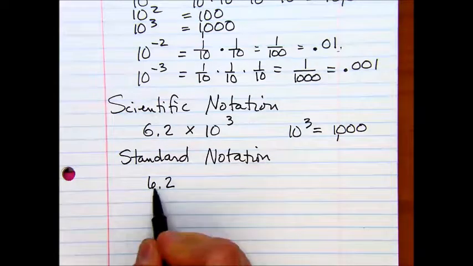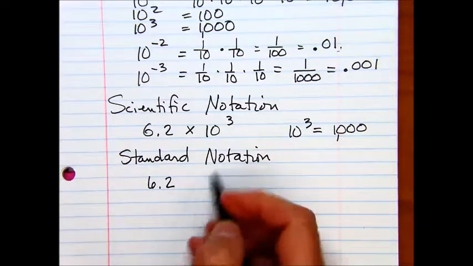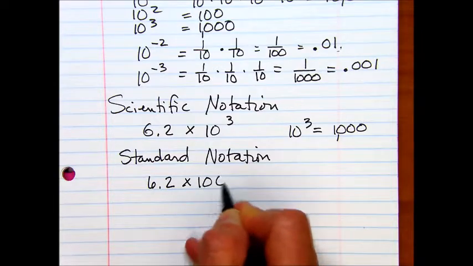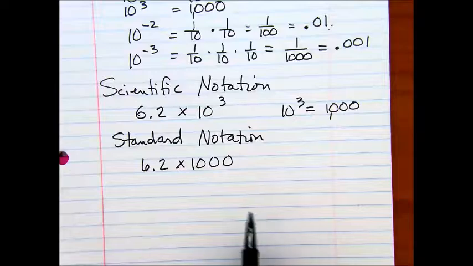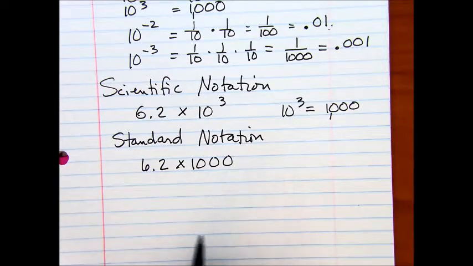Okay, so really what we're doing is multiplying by 1,000, and I'm showing you the long way, but we're going to do the shortcut way in a minute, just so you understand what's going on.